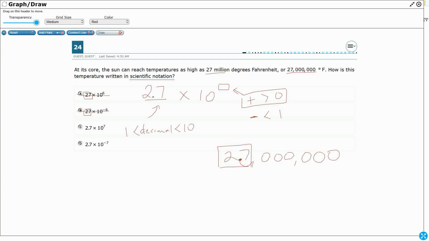Okay, so 1, 2, 3, 4, 5, 6, 7. So it's not simply times 10 to the 6th because there's 6 zeros. 6 zeros gets me this right here, but it doesn't get me from 2.7 to 27. So we need to include that seventh jump.